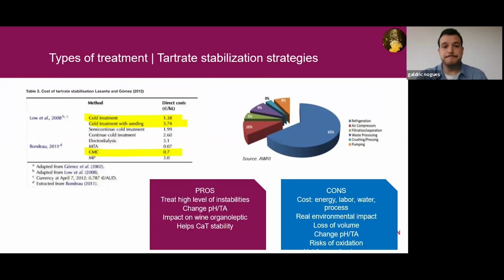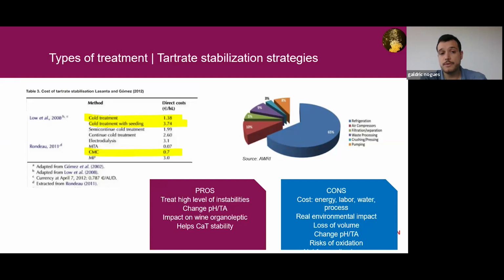When it comes to the stabilization strategies, we've seen just before we have different approaches. These approaches have a different cost per hectoliter as well. This is an analysis and a study that has been done by the Australian Wine Research Institute, with some bibliography as well here, that shows the cost per hectoliter, so the cost per 100 liters, of different treatments.